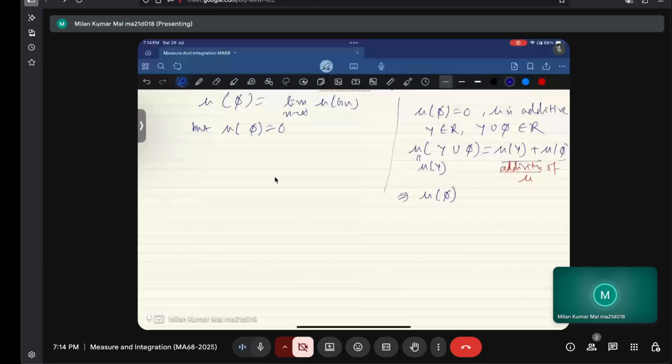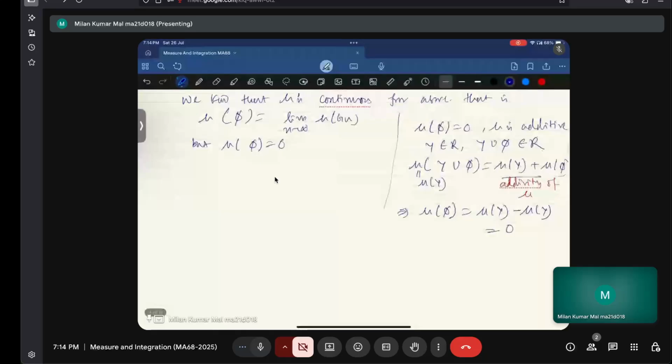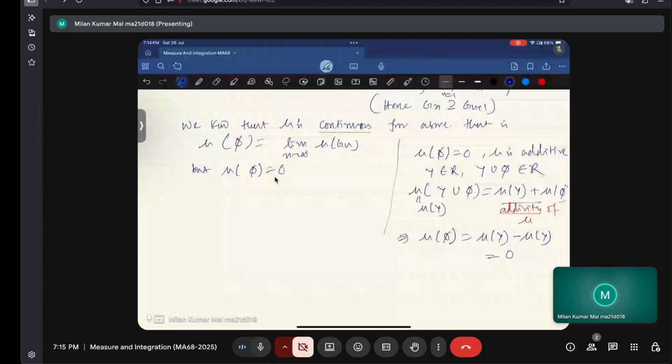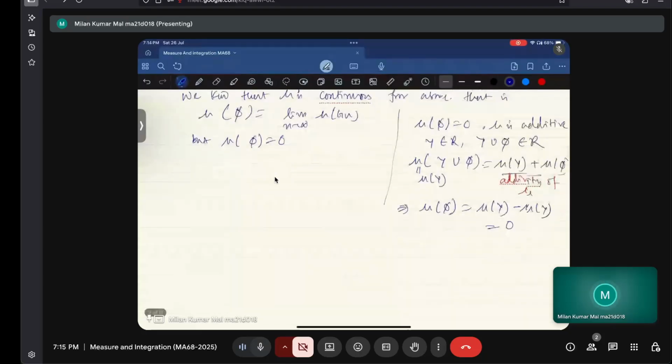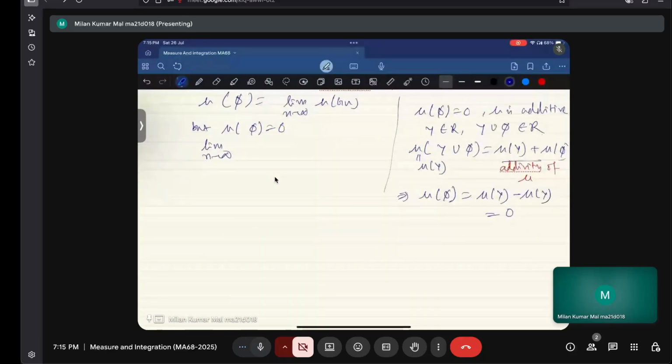So let's get back to mu of Gn. Mu of the empty set is equal to 0. Mu is additive, that is very important for us. So that means the limit as n tends to infinity of mu of Gn is equal to 0, where Gn is equal to E minus Fn.